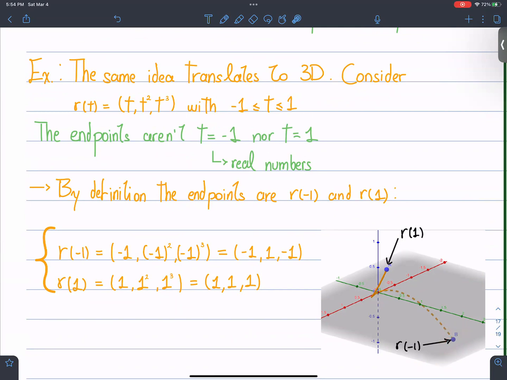You can see that's below the XY plane. And the other point is r of 1. It's above the XY plane. And so these points correspond to the coordinates which we have found, and so they are the endpoints of our curve.